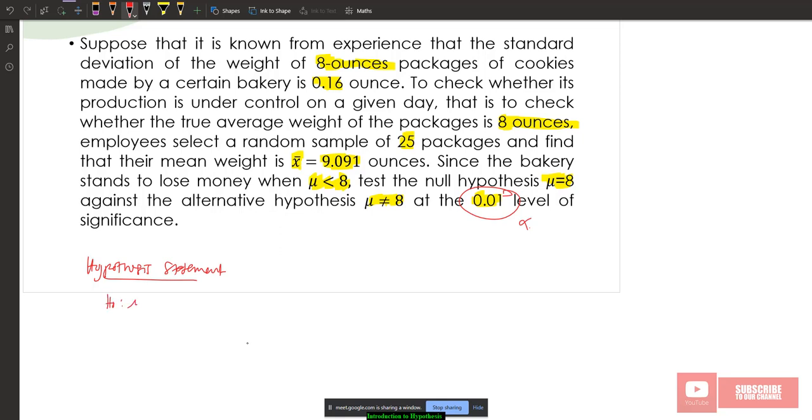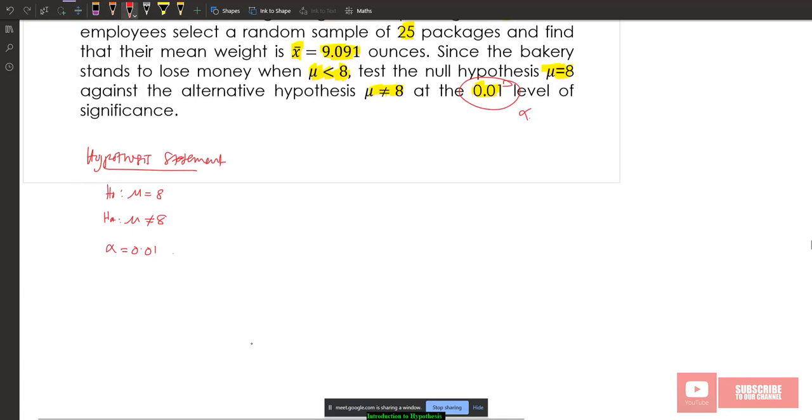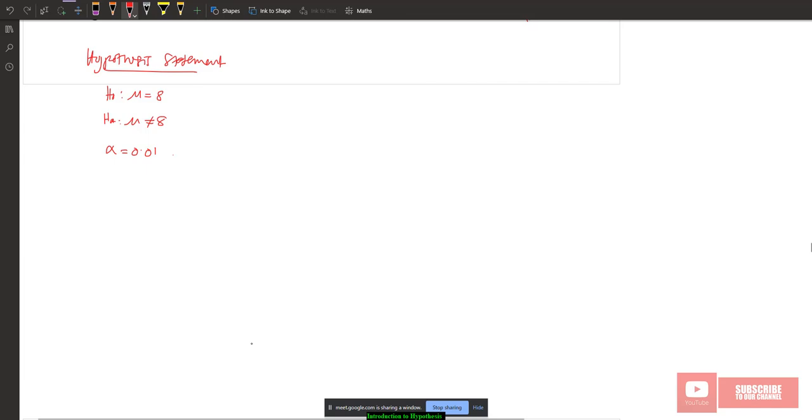Null hypothesis: mean equal to 8. Alternative hypothesis: mean is not equal to 8. Your alpha is equal to 0.01. Second step is the test statistic.